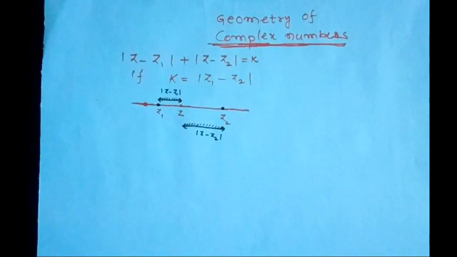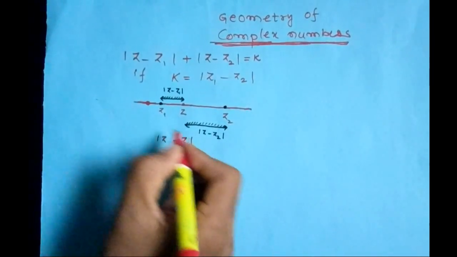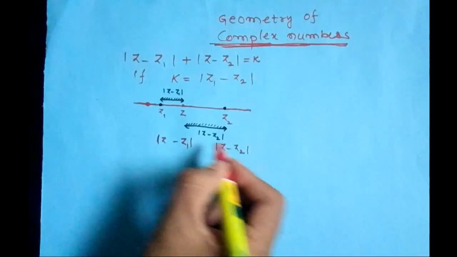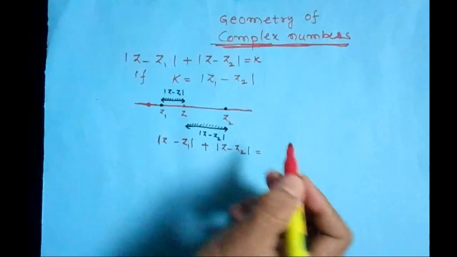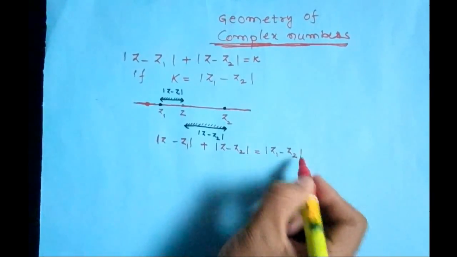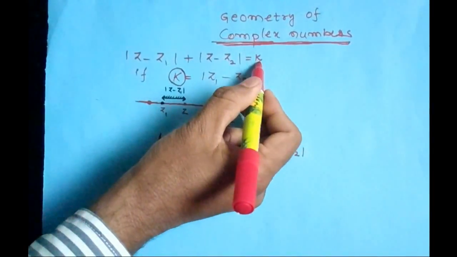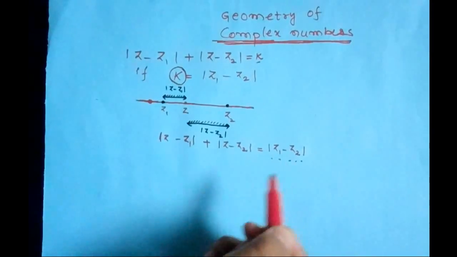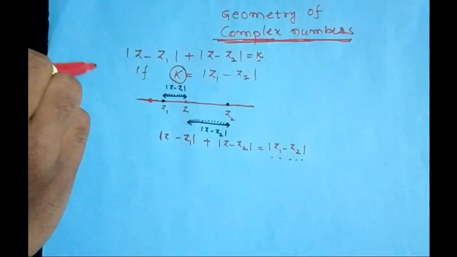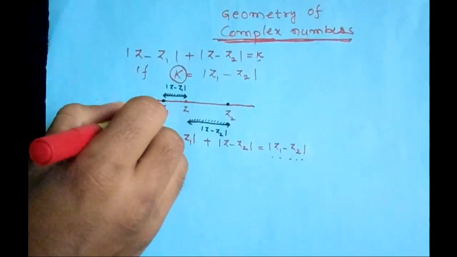So what I mean to say is, the distance between z and z1, modulus of z minus z1, and the distance between z and z2, modulus of z minus z2, their addition gives the distance between z1 and z2. So that equals modulus of z1 minus z2. So here if you take k equals modulus of z1 minus z2, then the variable point z lies on the line segment joining the points z1 and z2.